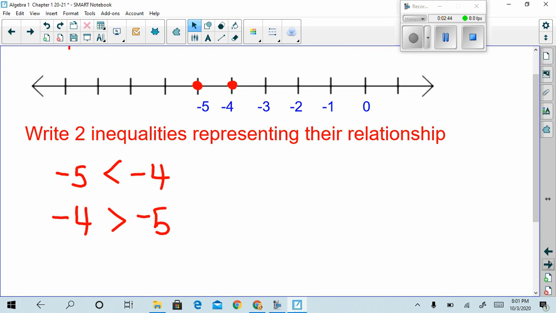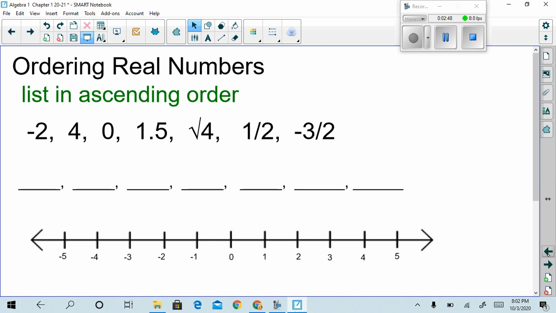Not only can we use that number line to represent or compare 2 numbers, we can also use that number line to order a list of numbers in ascending order. Let's start by graphing them. Draw a number line in your notebook and graph them. We'll graph each one with a solid circle at the given interval.